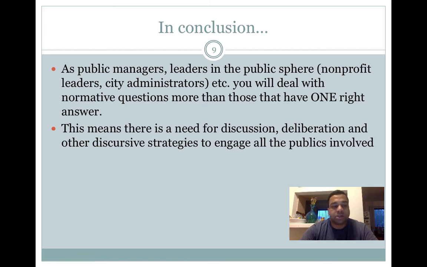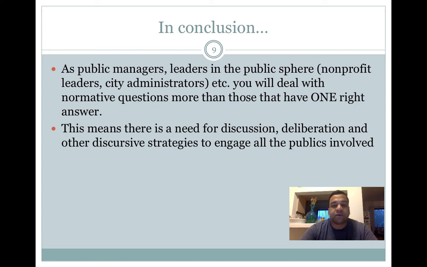So across the spectrum, whether you're a nonprofit leader or a public manager, you will come across situations or contexts where you will need to make those value-laden normative decisions. And I think that's something one has to keep in mind, that all answers are not written in a rule book, right?